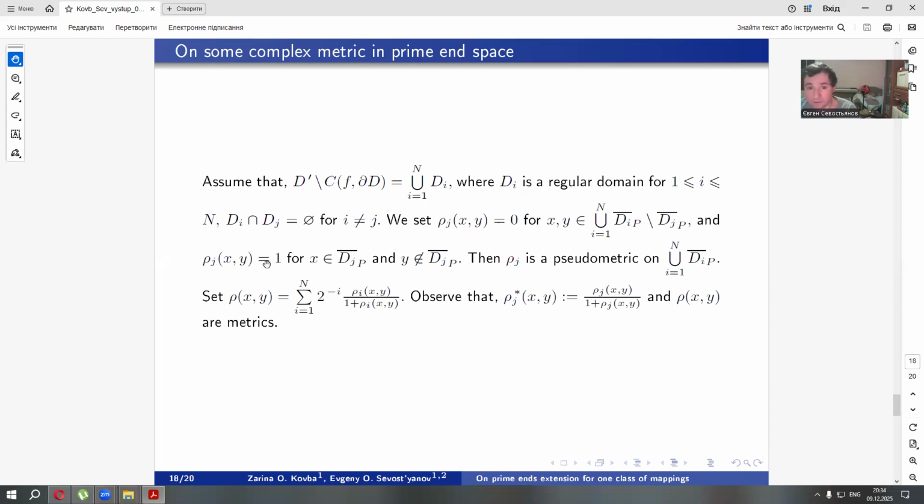This is at least a definition of rho_g; it is not a statement. Then rho_g is a pseudometric on this space. I advise you to see the definition of pseudometric in the literature, for example, in the book of Kuratowski, Topology.